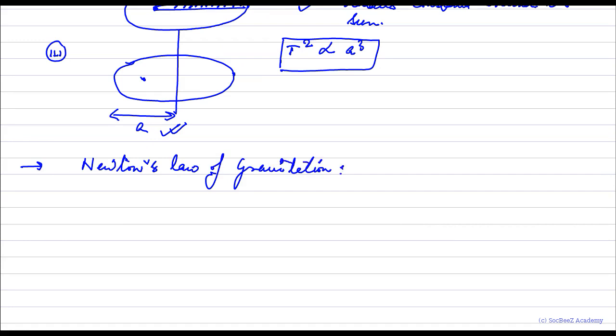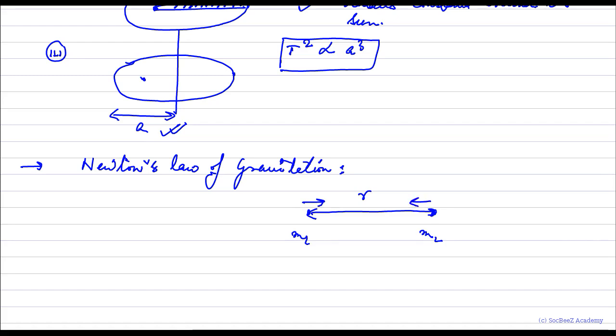Newton's law of gravitation states that if there are two masses m1 and m2, separated by a distance of, let's say, r, there is going to exist a force of attraction between these two particles by virtue of their masses.